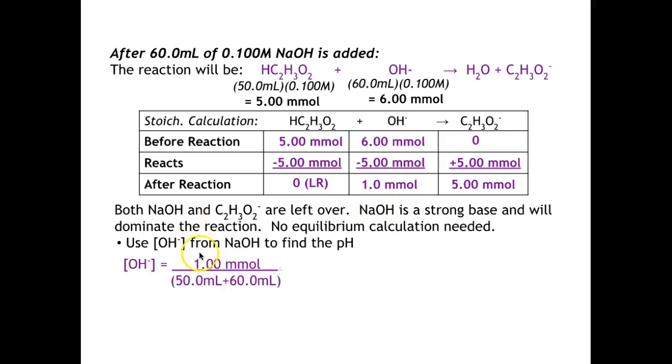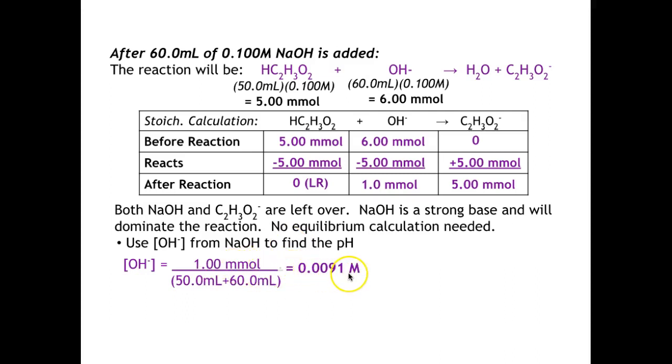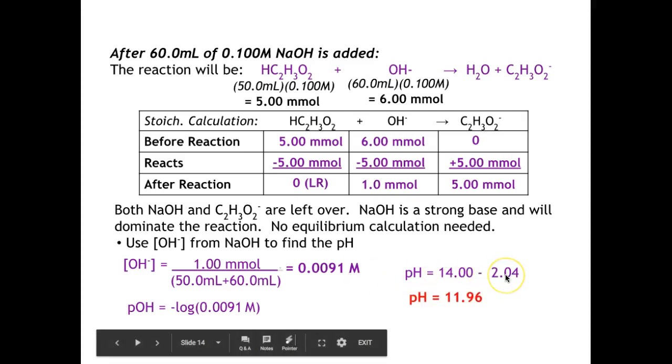We're going to take the number of millimoles of hydroxide ions that were left over and put it over the total volume, which comes out to 0.0091 molar. Then we're going to take the negative log of that to get our pOH. Then we're going to subtract that from 14 to get our pH of 11.96.